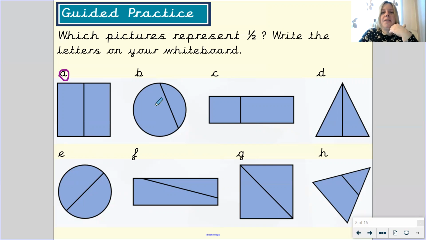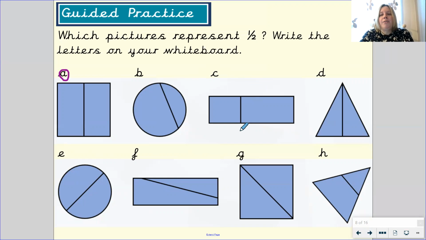No, they aren't the same, so they are unequal parts. If we look at the rectangle in C, we can see that our rectangle is split into 2 parts. Are our parts split equally? No, they are unequal because they are not the same.